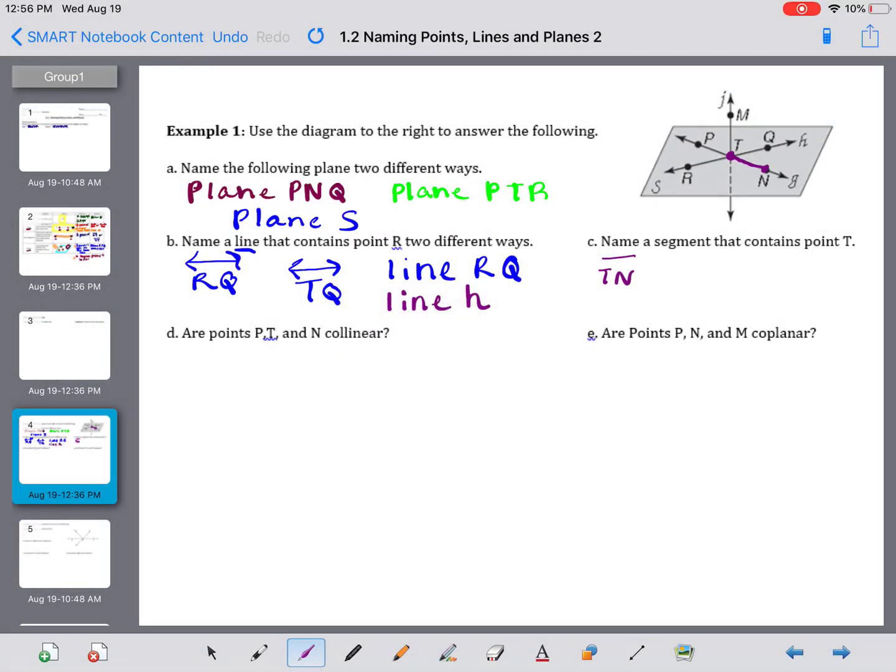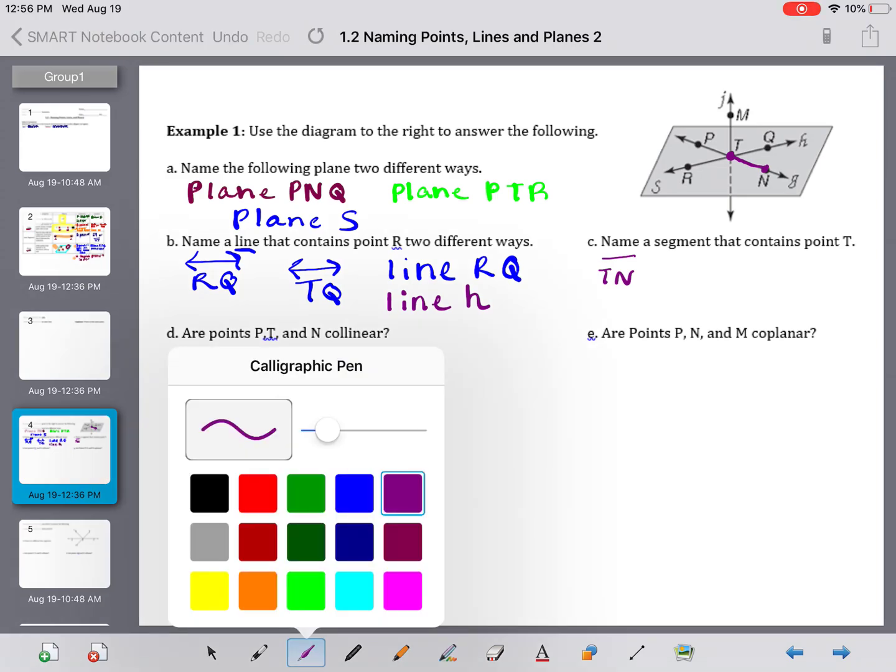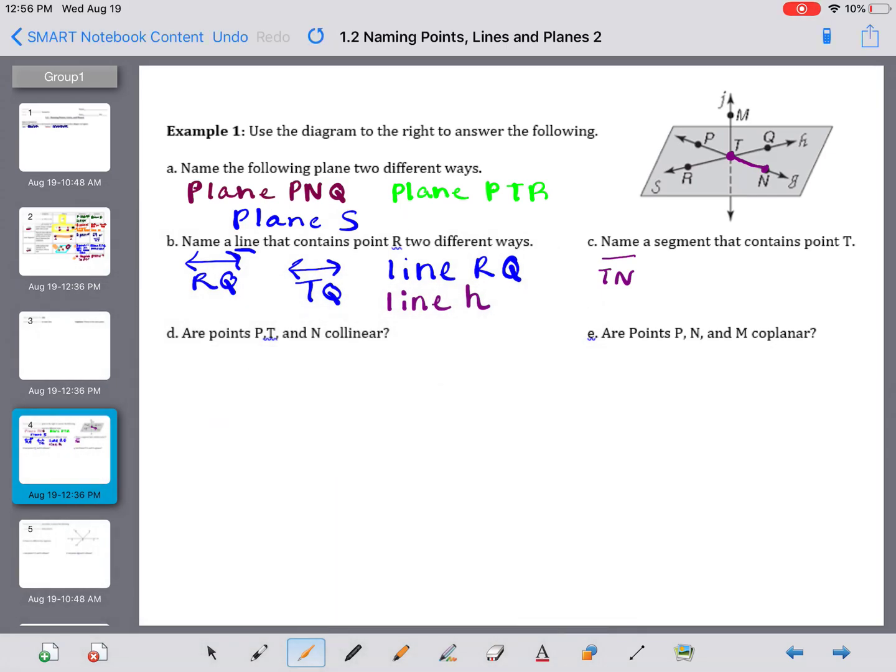Another segment you could say segment PN. From segment P to segment N. Again, T's not in the answer, but T is in that segment. So that's totally fine. Segment PN.